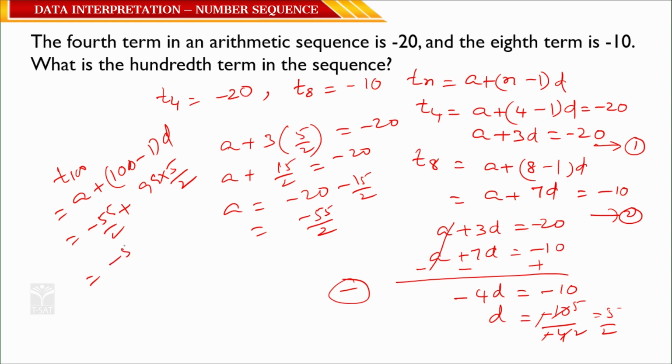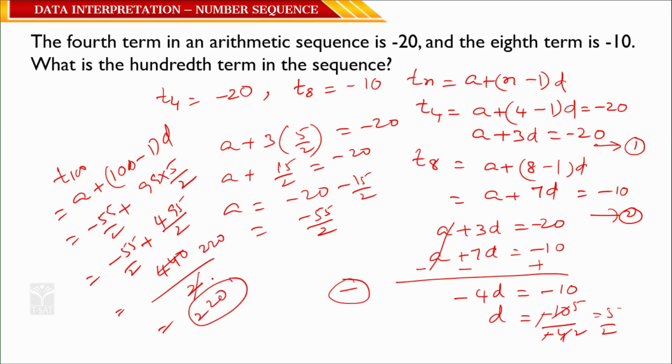Minus 55 by 2 plus 99 5s, which is 495. Correct? 495 by 2. 2 is the LCM, so 495 minus 55 is 440 by 2, which is 220. 220 is the 100th term in this sequence.